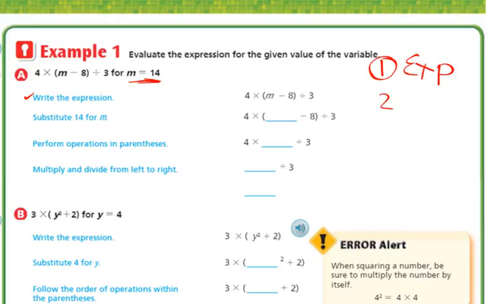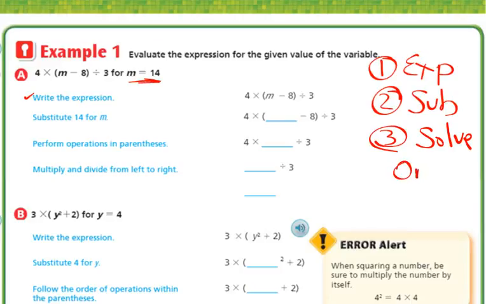Always write your expression. Always substitute in. Always solve using order of operations. Write that down. Squeeze it in. Here we go.